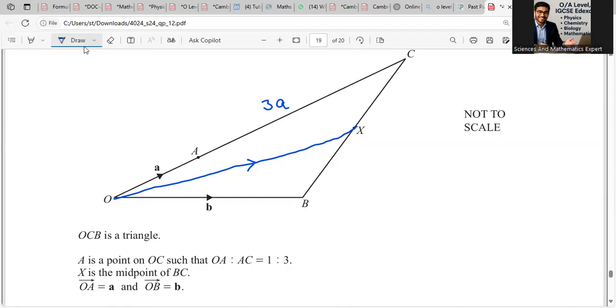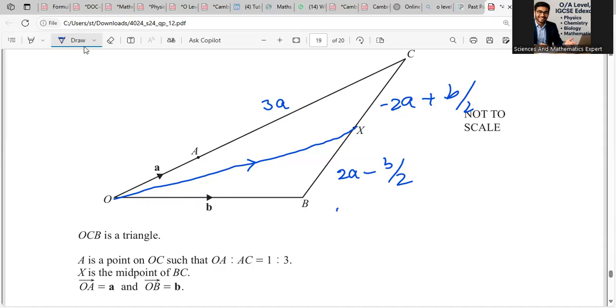BX is the vector over there. So if I want to go for BX, then it is 2A minus, because I will have to change this direction over there, minus B by 2. And if I go for the CX, for this point over there, this is minus 2A plus B by 2. So if I want to get this complete form, then I will add this B vector over there.